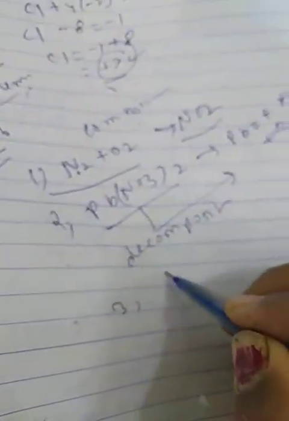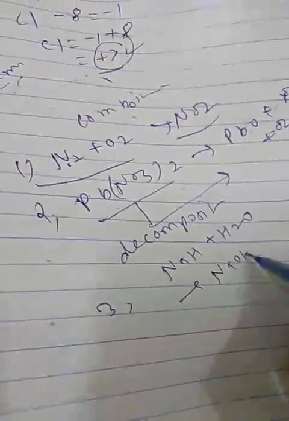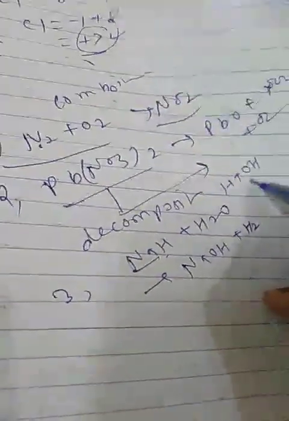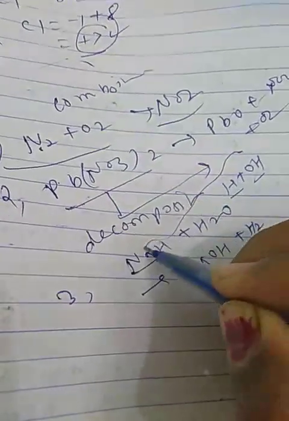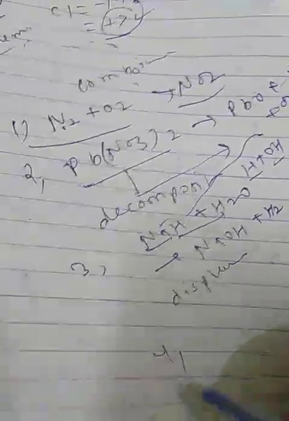Okay. Third one, sodium hydride plus H2O gives NaOH plus H2. So you can see Na, H plus OH ion. The OH ion is coming here and the H ion is going there. So this is the example of displacement, metal displacement. Okay.